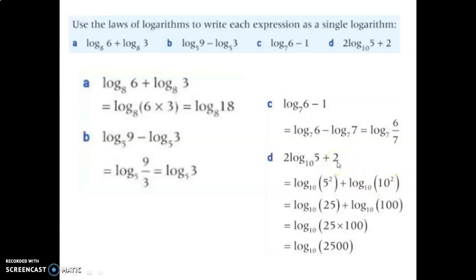So a little bit tricky, asking you to take a deeper look at your understanding of how logs work. Make sure you look at that 1 and 2 again and understand how we came up with those. This simplifies to this, to that. Now we have addition with the same base, so we can multiply by the product rule and get this. Those two definitely stepped up the game a little bit. Study C and D again to make sure you're good with those.